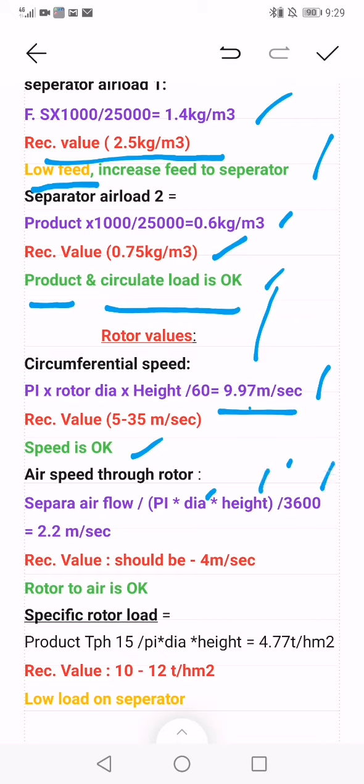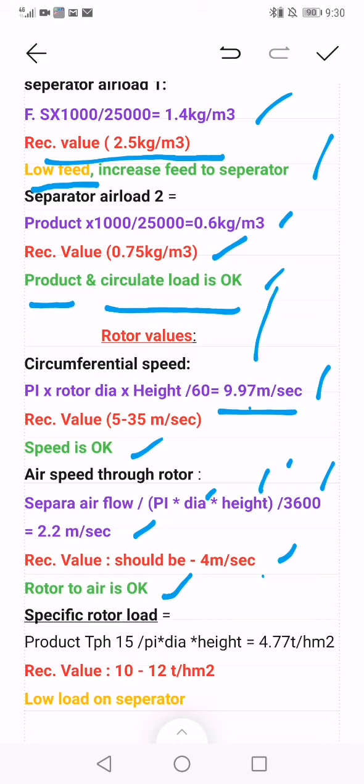So we are getting air speed through rotor, speed means velocity, 2.2 meter per second. Our recommendation value is 4 meter per second. So it is nearly the recommendation value. So rotor air is okay.